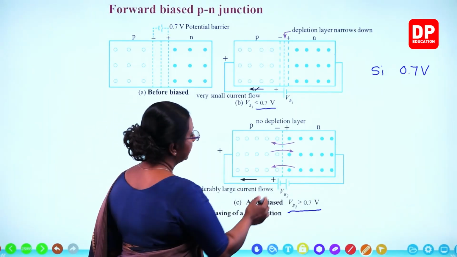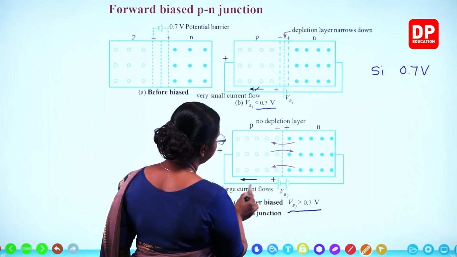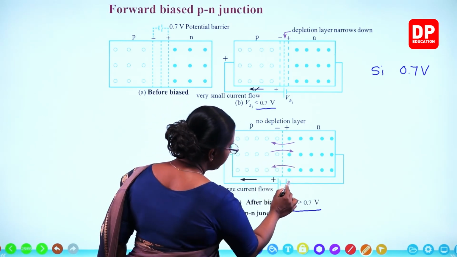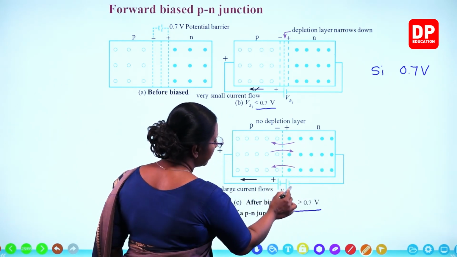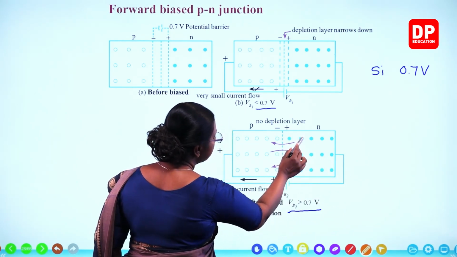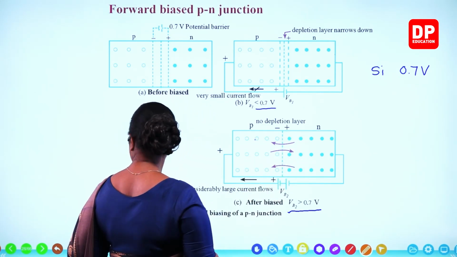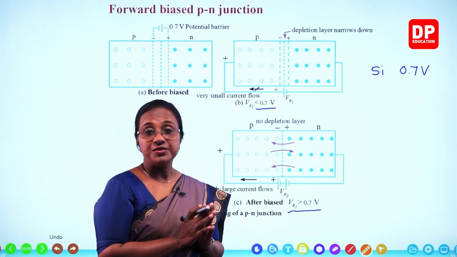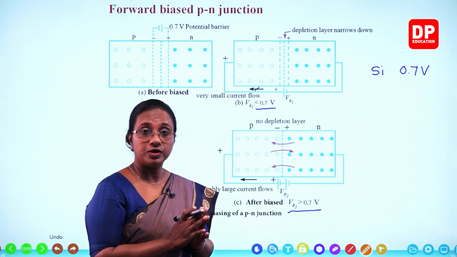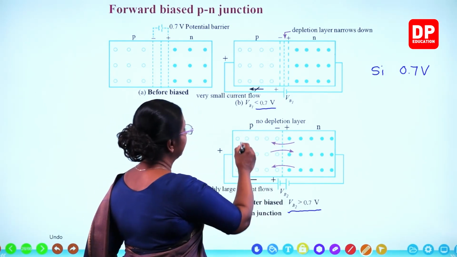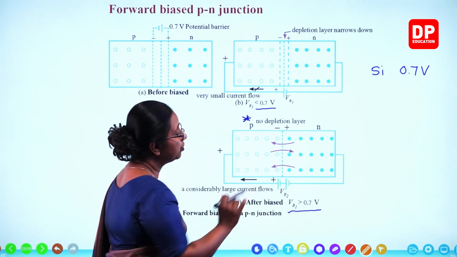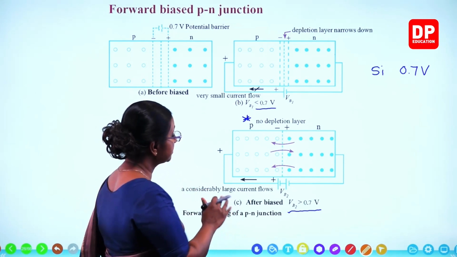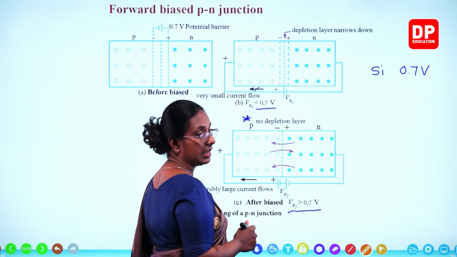Due to the positive terminal, holes are pushed towards the negative region, and because the negative terminal is connected to the N region, electrons are pushed from the N region to the P region. The depletion layer becomes narrower and narrower until there is no depletion layer. At that point, current starts to flow across the PN junction.